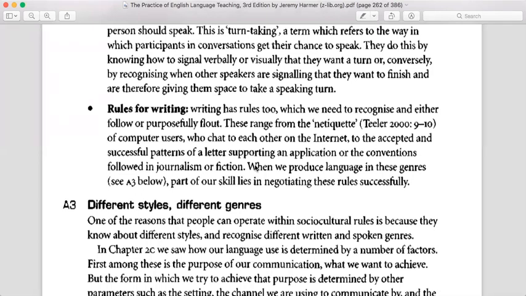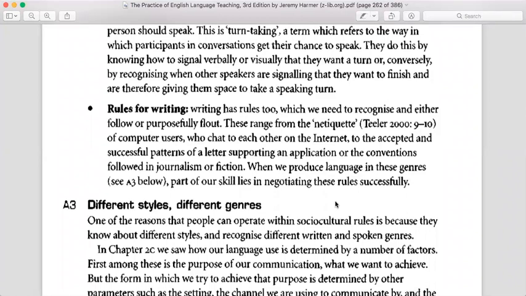So as teachers of English, when you are teaching them some skills, teaching them how to produce a coherent and cohesive discourse is one thing, but you need to tell them the genres also, and that is part of the skill, how they are negotiating the rules successfully. How are they doing it while they are writing to someone or speaking to someone?